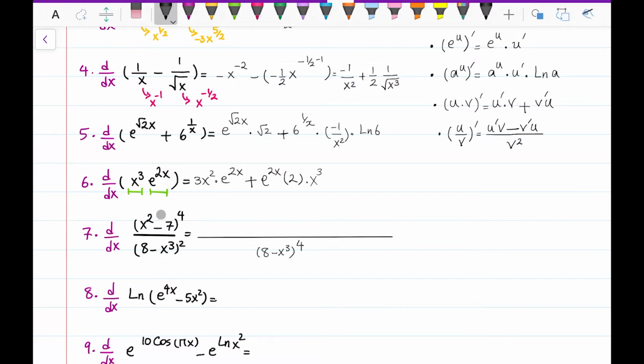Now, derivative of the top times bottom. So the derivative of this function is chain rule. I have a function u to the power of 4. Let me write this in here. So this is u to the power of 4. As you see, this is chain rule.